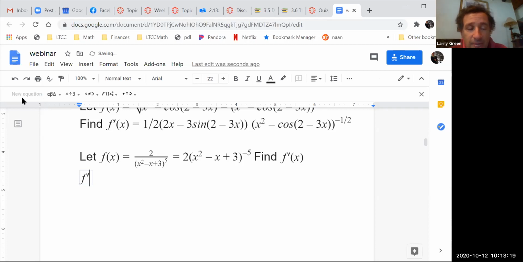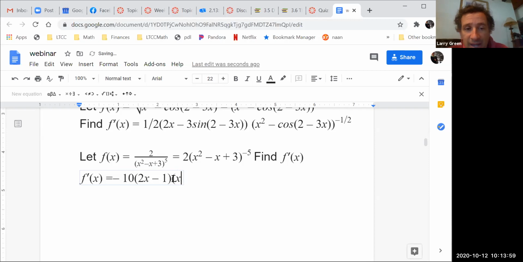So then f prime of x is actually quite easy because we use the chain rule instead of the quotient rule. Do you all agree the chain rule is not as messy as the quotient rule? Okay. So now I take the derivative of the inside, which is just 2x minus 1. I still have the 2. And then I take the derivative of the outside, which is negative 5, so that 2 becomes a negative 10.